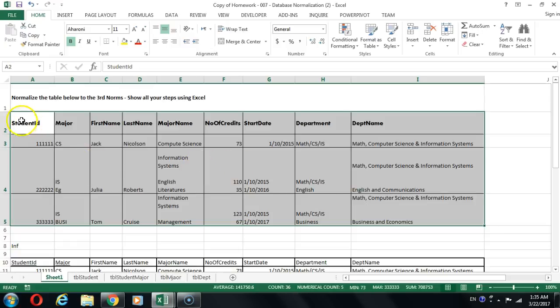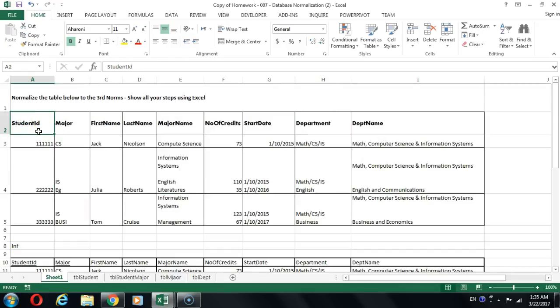If you take a look, the very first thing that should immediately get our attention is the fact that some of these cells have multiple values. When we're talking about the major, we have an IS in English. Also, we have double values here, double values here, double values here.